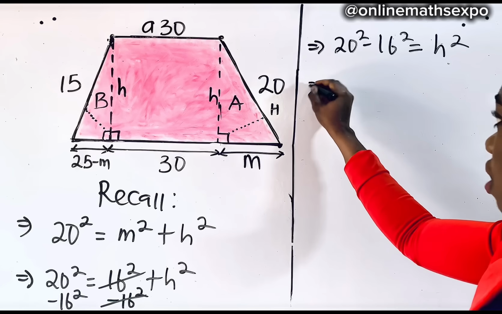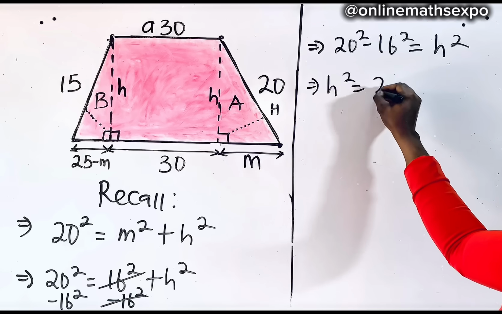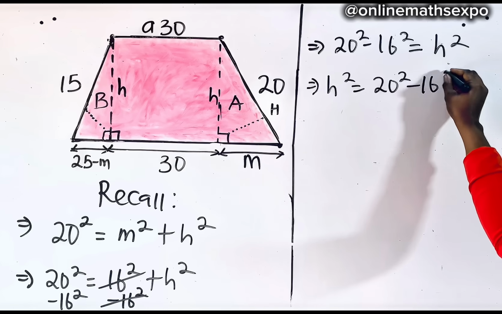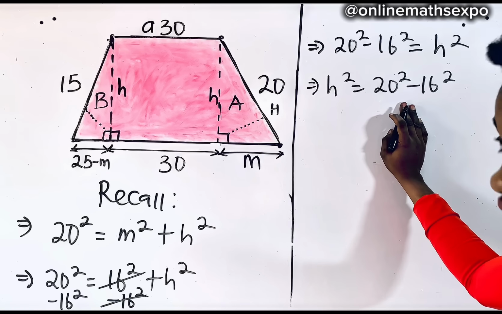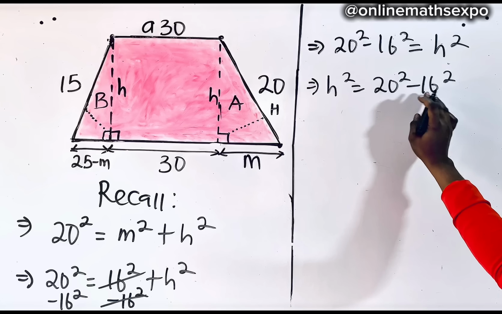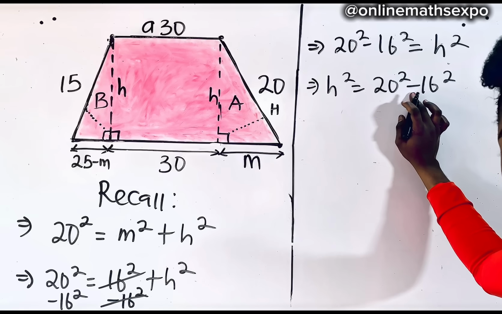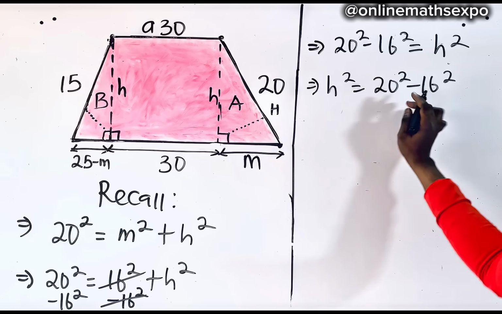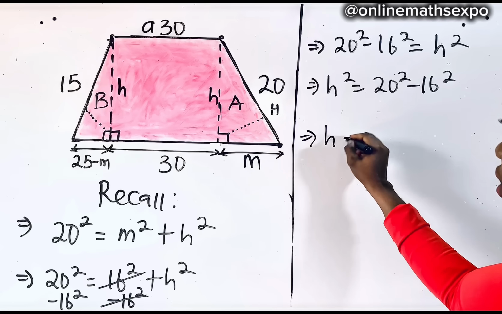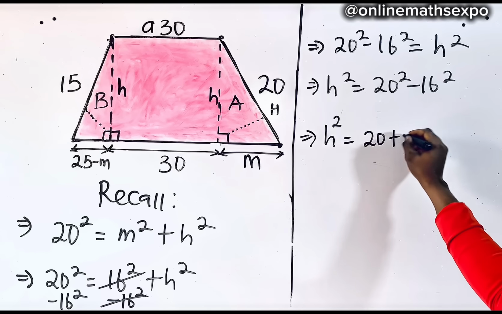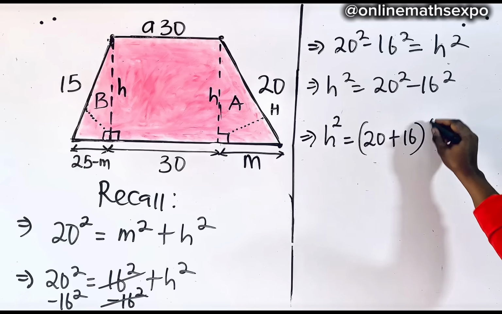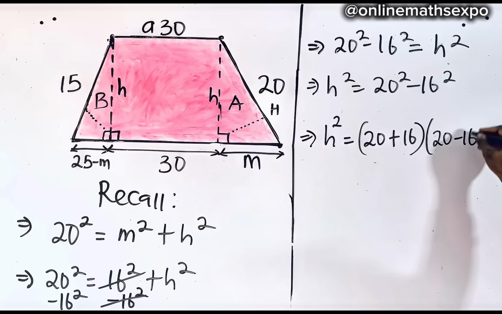It's also the same as saying h squared is equal to 20 squared minus 16 squared. And you also use your difference of two squares each time you work with square numbers that have a subtraction sign in between them. So in that case, h squared will now be 20 plus 16 and then 20 minus 16.